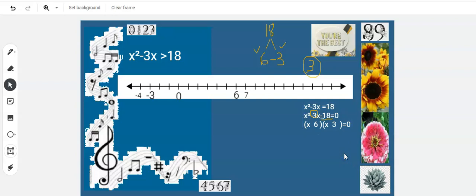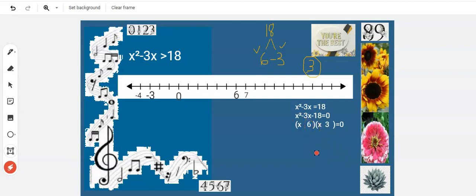Okay, now, unsa man ang sign sa 6, unya, unsa pud ang sign sa 3? So, asa man tan-aw? Okay, so yes, diri tan-aw sa atong constant term again. Ang constant term nato negative, so dili magkapareha ang sign sa 6 and 3. So, unsa man ang mas dako? Yes, mas dako ang 6.